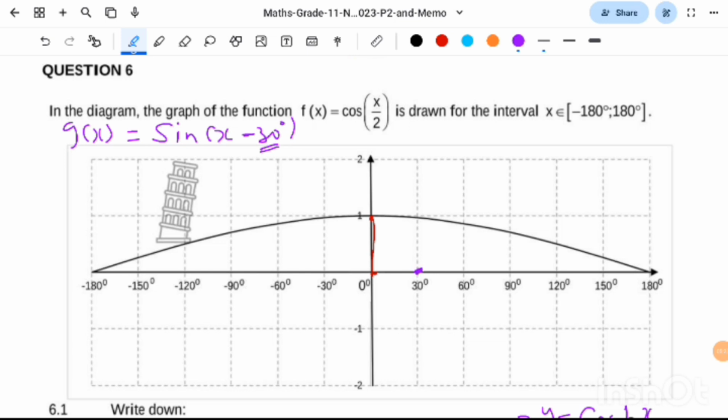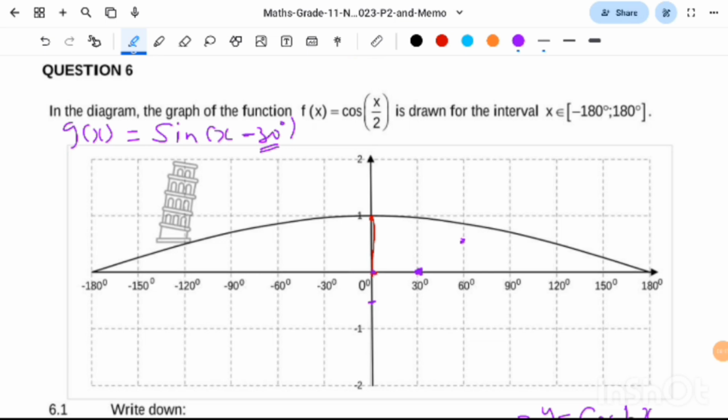Now you replace x by 0 degrees. At 0 degrees, what is my value of y? On the calculator, sine 0 minus 30 is minus half, which is somewhere there. Sine 30 minus 30 is 0. Sine 60 minus 30 is half, which is somewhere there.